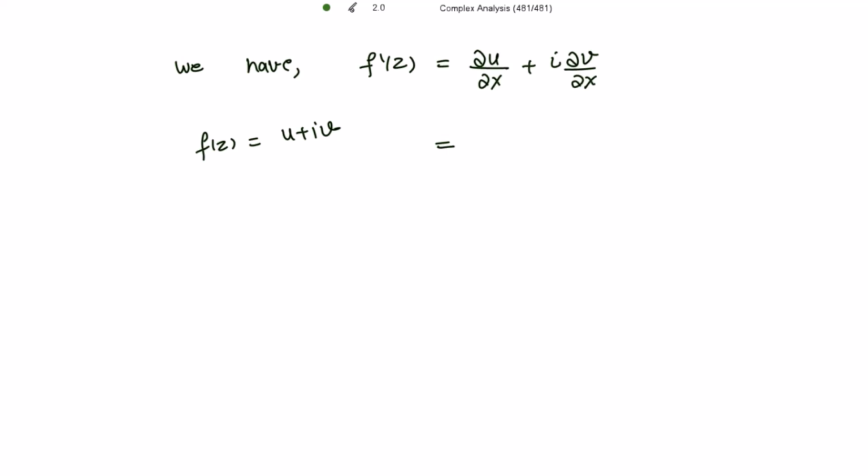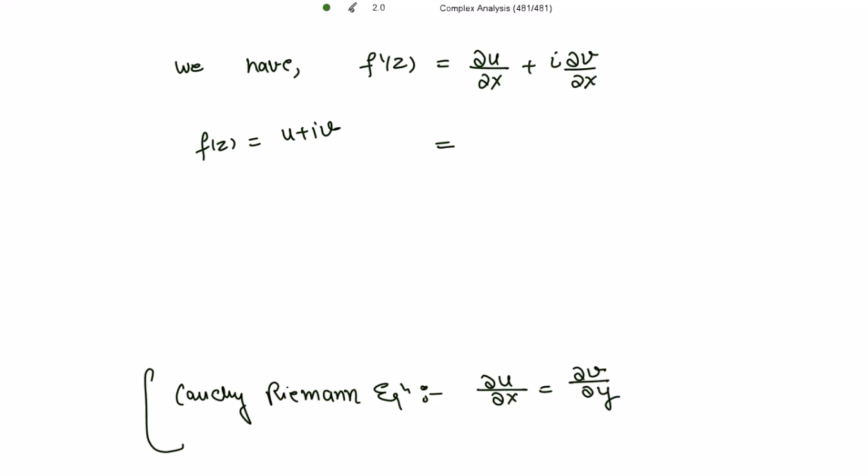This can also be further written, if I use the Cauchy-Riemann equations. What are the Cauchy-Riemann equations? The partial derivative of u with respect to x is equal to the partial derivative of v with respect to y, and the partial derivative of u with respect to y is equal to the negative of the partial derivative of v with respect to x. These are the Cauchy-Riemann equations.